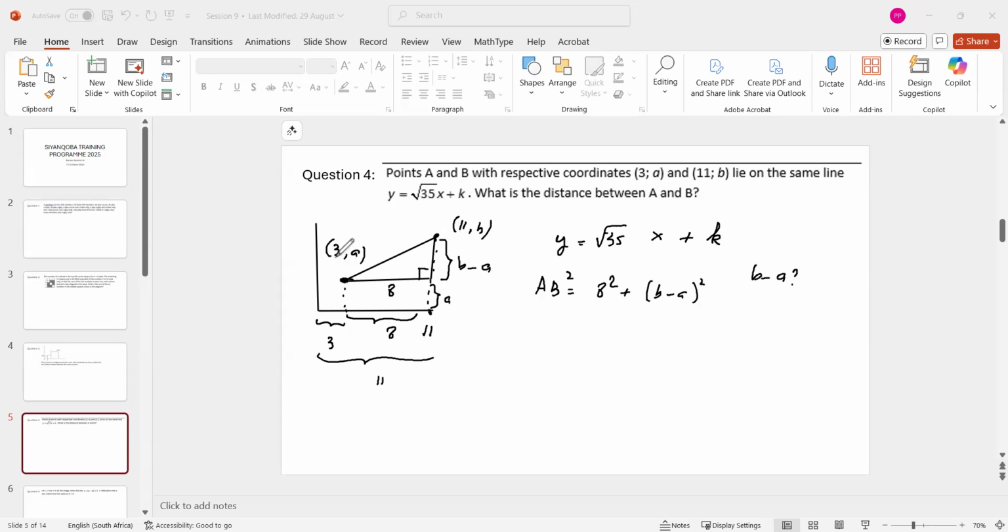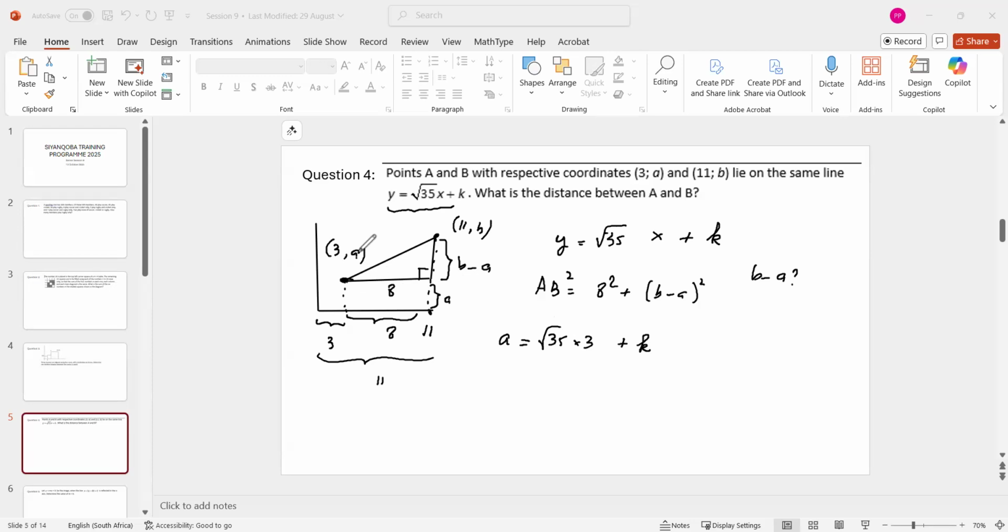It means that the x coordinate and the y coordinate satisfy this equation. I can put y equal to A. The y value here is A, which equals root 35 times 3, the x being 3, plus k.